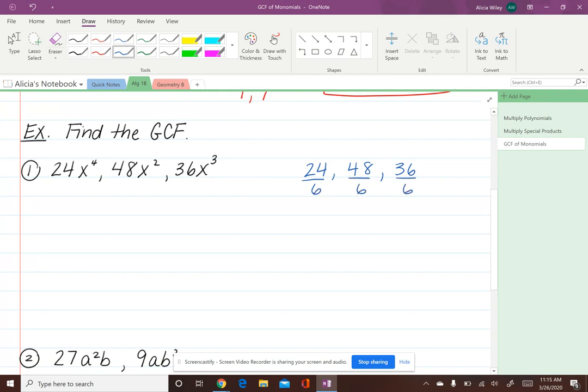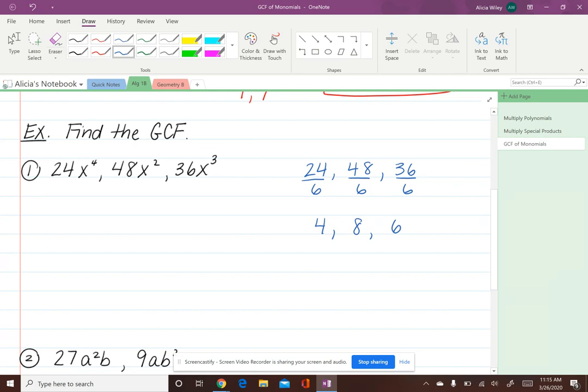So let's see if that's the GCF, meaning that if I divide each of these numbers by 6, the numbers that I get as a result of that division should not have anything more in common. So I have a 4, an 8, and a 6. Well, look at that. You can see here that 4, 8, and 6, those have a number in common too.